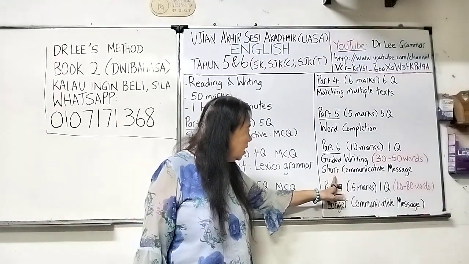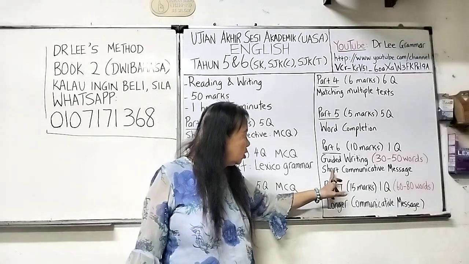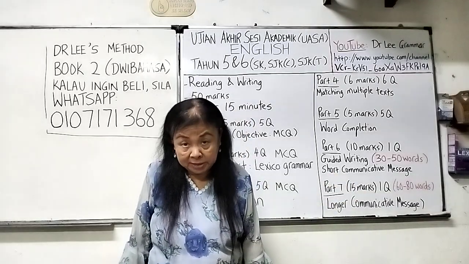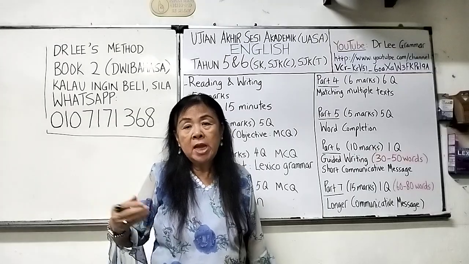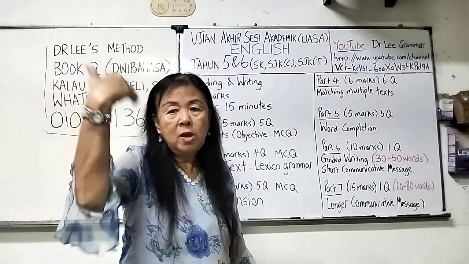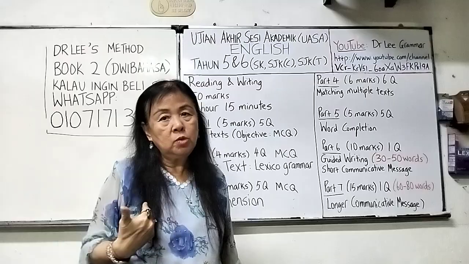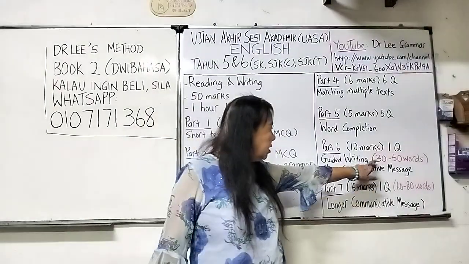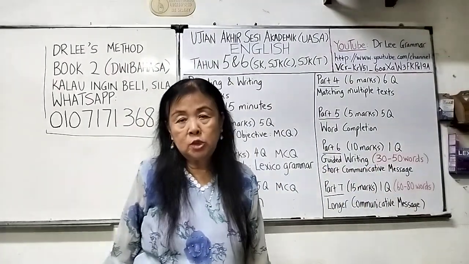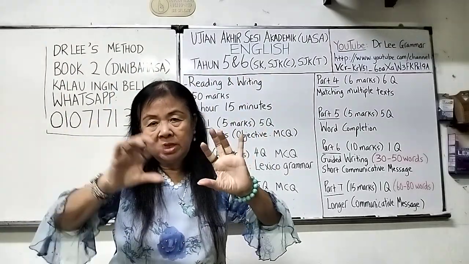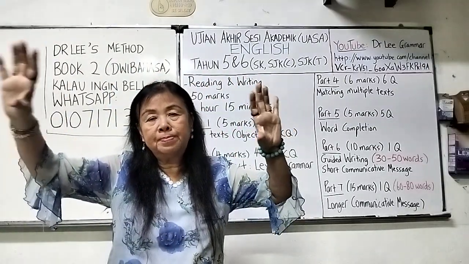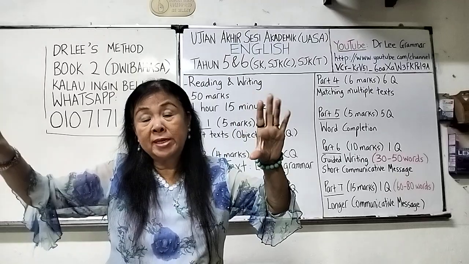That means there are questions which you can answer as you write. So usually this question is on a short communicative message. It is normally writing either an email or a message, either you to the reader, or the reader to you. And 30 to 50 words, so it's rather short. So they will give you the question, they will write down the purpose of the email or the message.